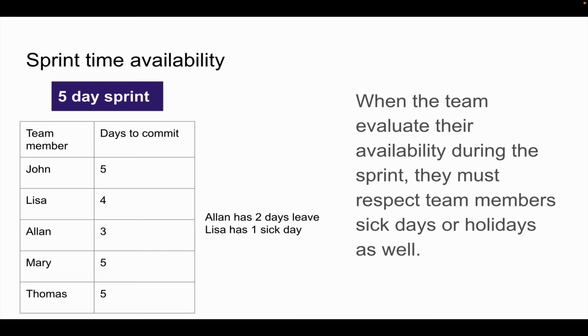Then they have less time available to work with the rest of the team, right? This helps the team to estimate how much time they would be spending working on these activities.